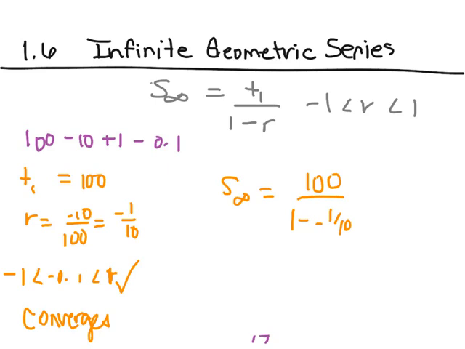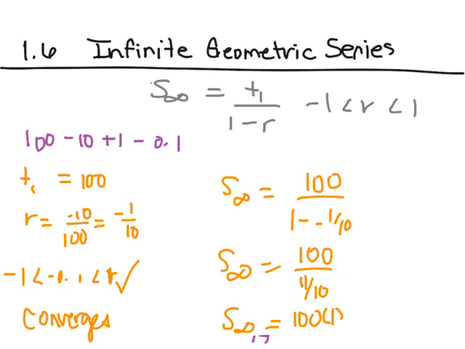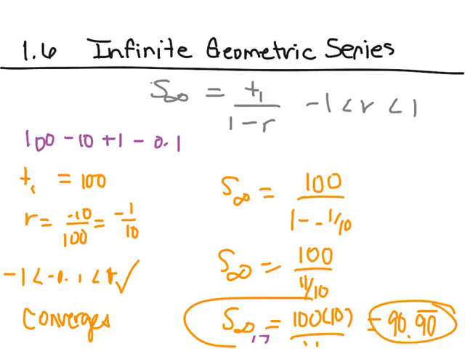So that's the same as 100 over 11 over 10. So 100 times 10 divided by 11, and you should get 90.90909090. So the 90 repeats. So this is the sum, 90 and then 0.90 to infinity.